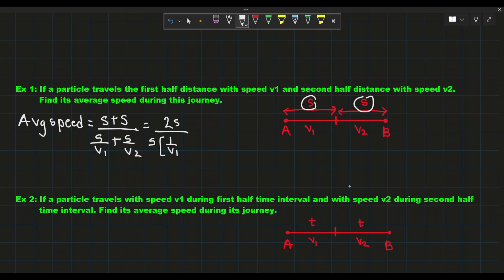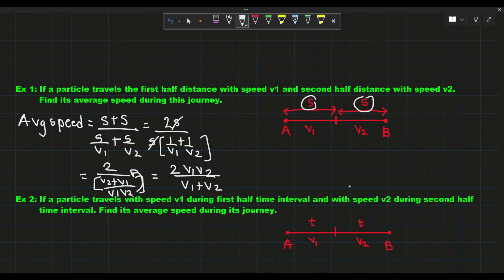We'll get 1 by v1 plus 1 by v2, cancelling off the s, and we get 2 upon v2 plus v1 upon v1 v2. So when this goes up, we get 2 v1 v2 upon v1 plus v2. This is basically your harmonic mean.